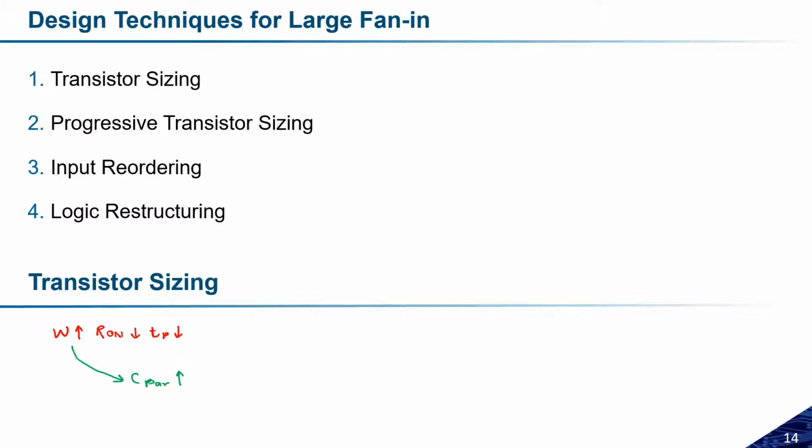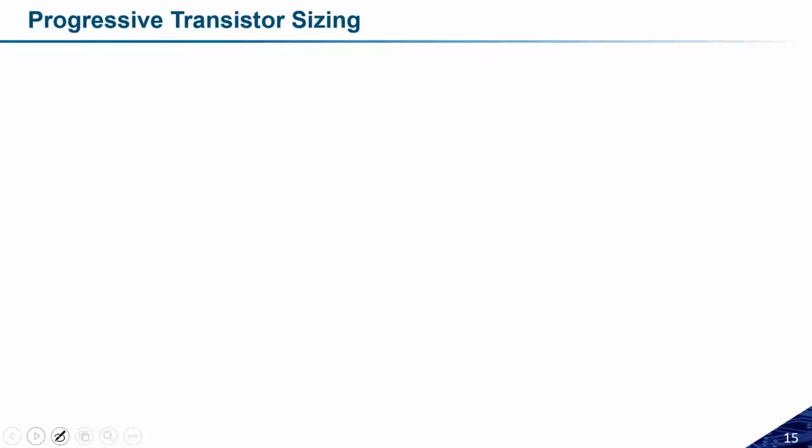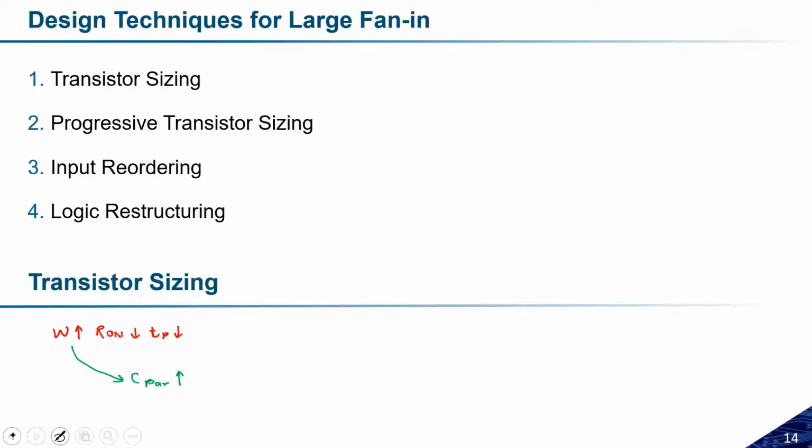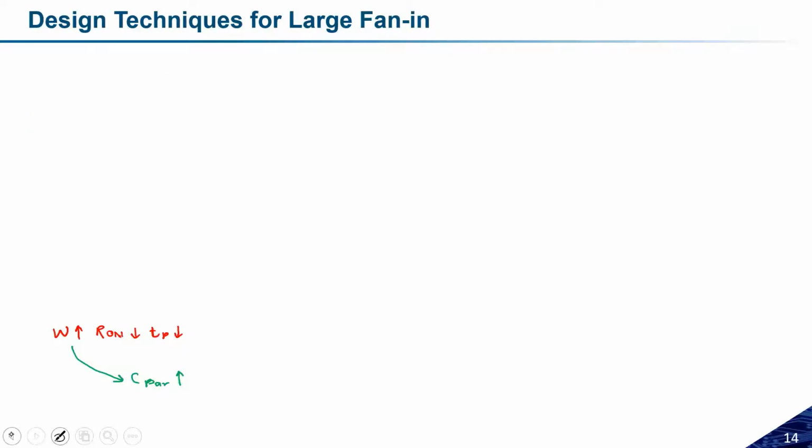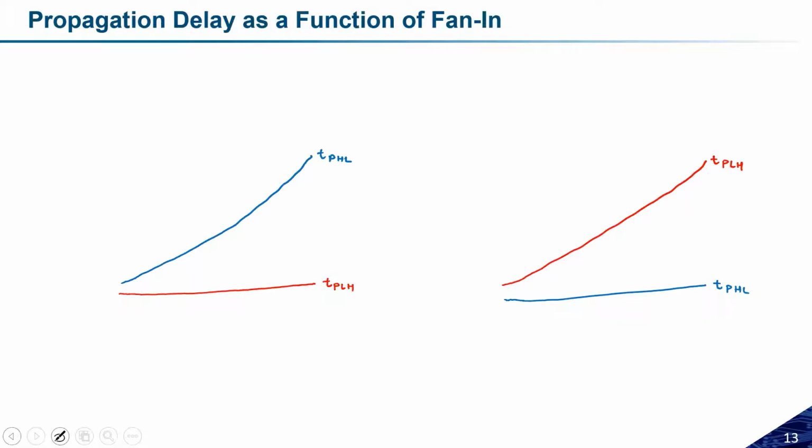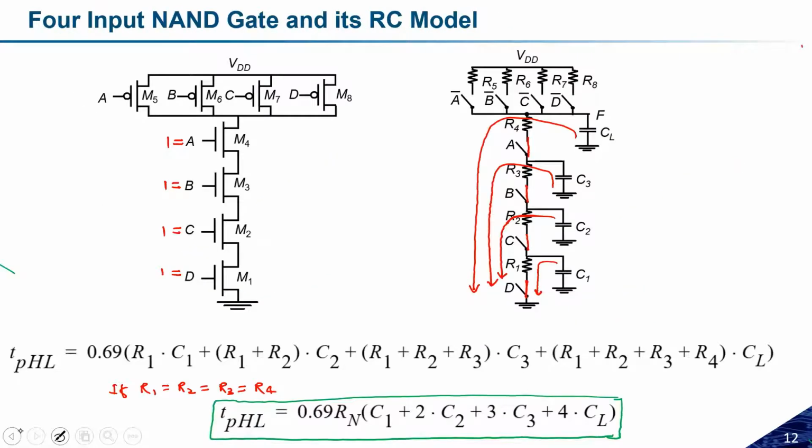Okay, the second solution could be progressive transistor sizing. Before explaining this, let me go back to the previous slide which I explained a few minutes back. Here, if you see in this particular slide, what we understand is that this TPHL is a function of the time constant for C1, the time taken to discharge C2, the time taken to discharge C3 and the CL.